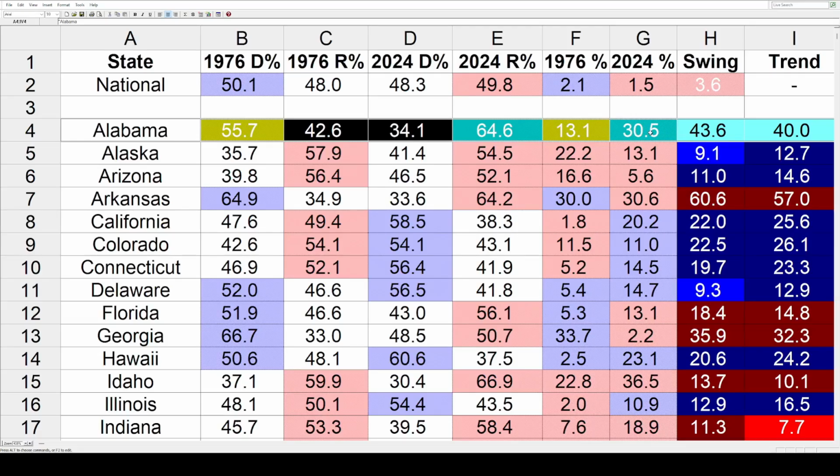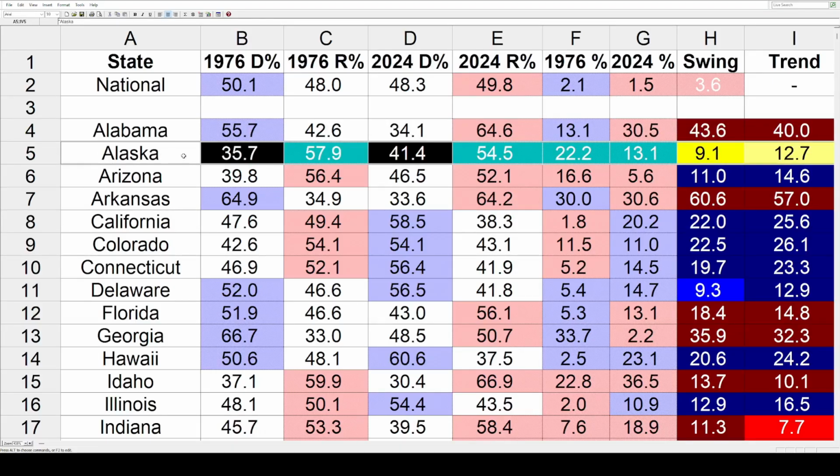That's 13.1 away from Carter, another 30.5 toward Trump. That comes out to a 43.6% swing toward the GOP. And that's obviously way more than that national popular vote swing of 3.6. So that's simple math. 43.6 minus the 3.6 the country already moved, you get an even 40% trend toward the Republicans.